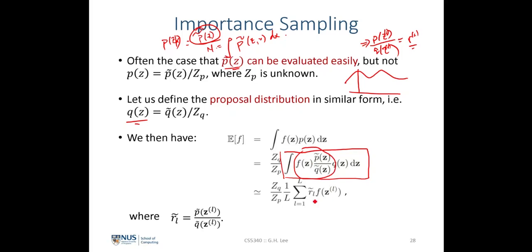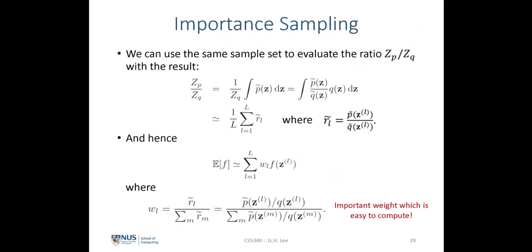Hence we can see that there's this particular term over here, and this would be the expectation of f under the unnormalized form of the proposal as well as the target distribution, where we simply write r tilde as our importance weight.